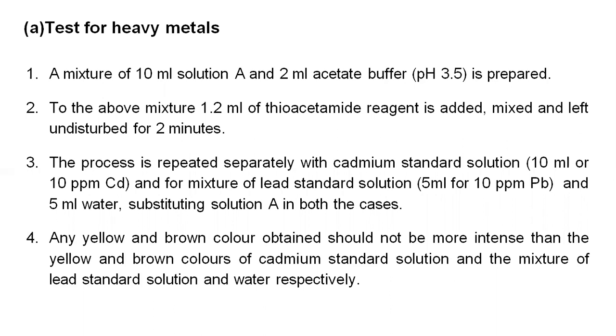The process is repeated separately with cadmium standard solution 10 ml or 10 ppm cadmium, and for a mixture of lead standard solution 5 ml or 10 ppm Pb, that is lead, and 5 ml water, substituting solution A in both the cases. Any yellow and brown color obtained should not be more intense than the yellow and brown colors of cadmium standard solution and the mixture of lead standard solution and water respectively.